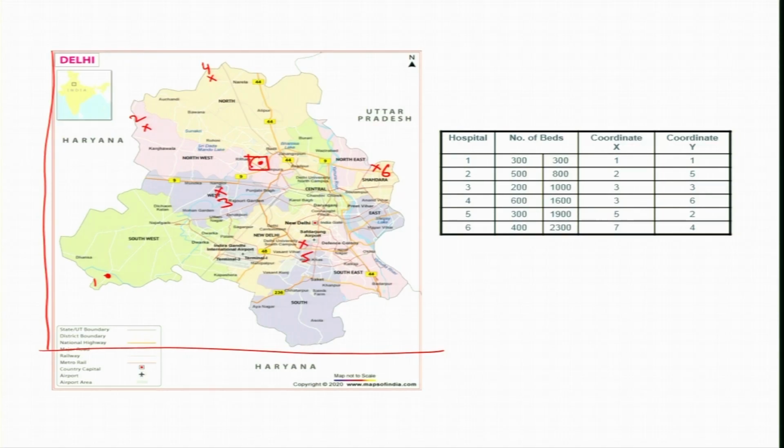So, then I will draw concentric circles and see where I can get a good location with connectivity and other things. I may find a location here or somewhere here. So, in the vicinity of my optimal solution, this may be the optimal solution but not feasible, because something is already existing there, you cannot do anything.